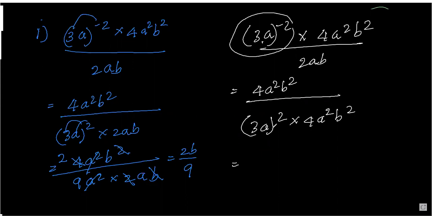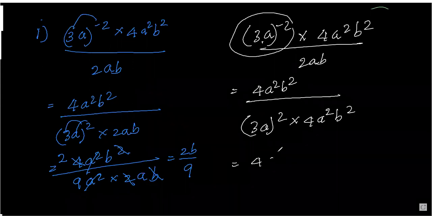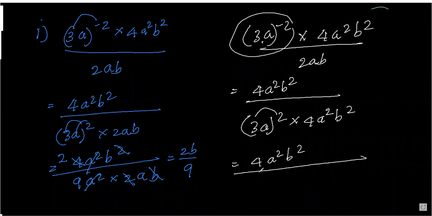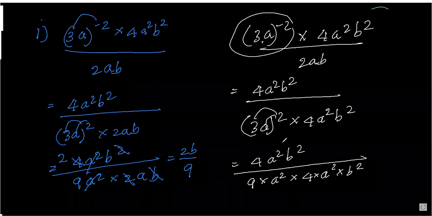So you can simplify it back. 4a squared b squared, 3 to the power 2 is 9, a to the power 2 into 4a squared into b squared. Now simplify over the line a squared, and below the line a squared is there.